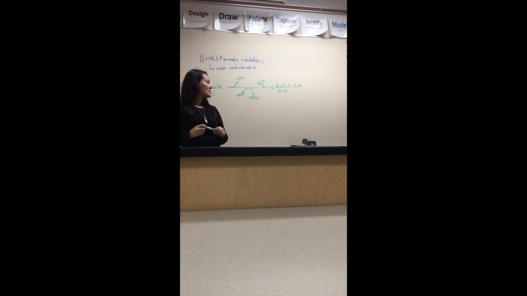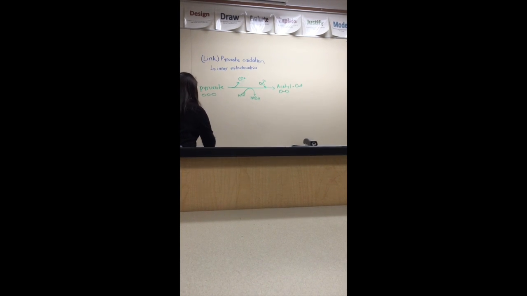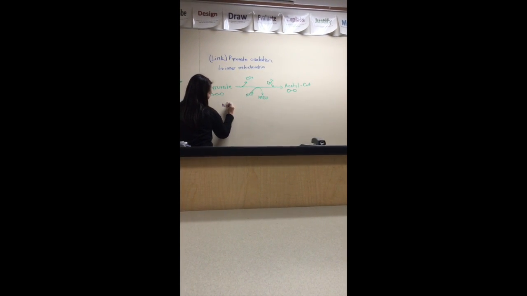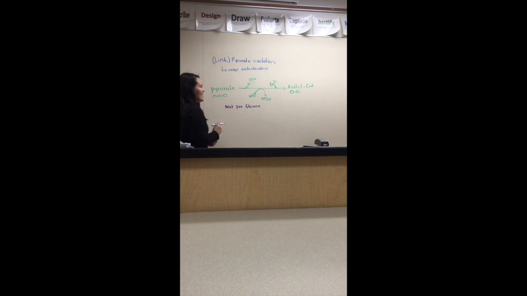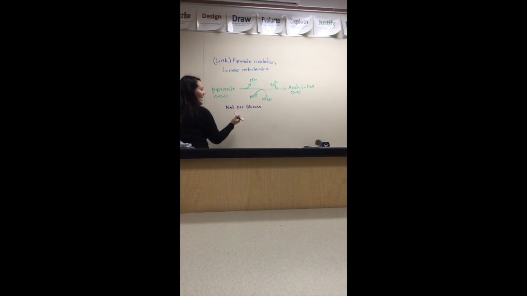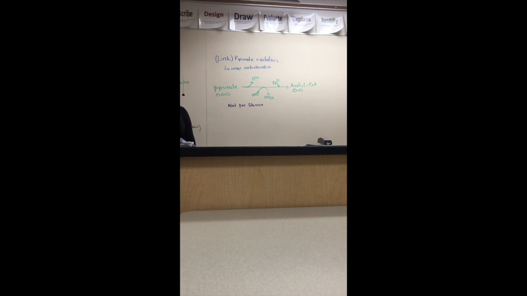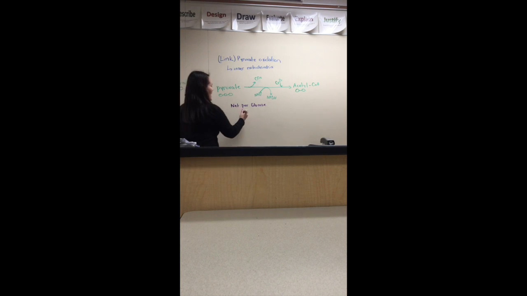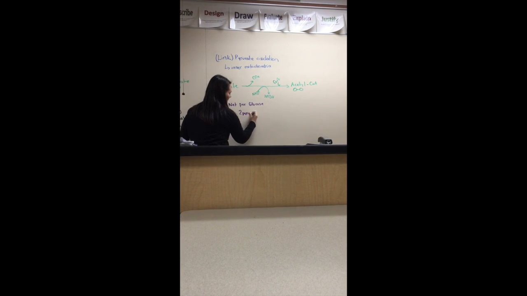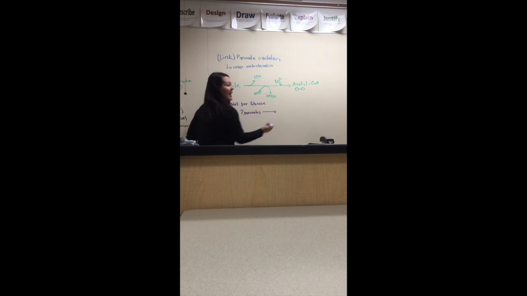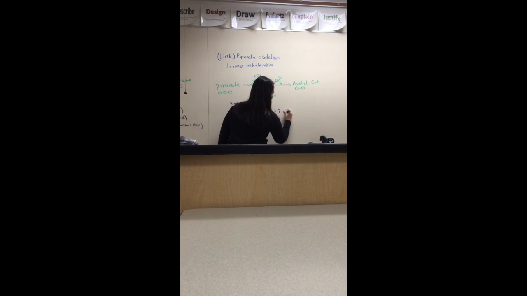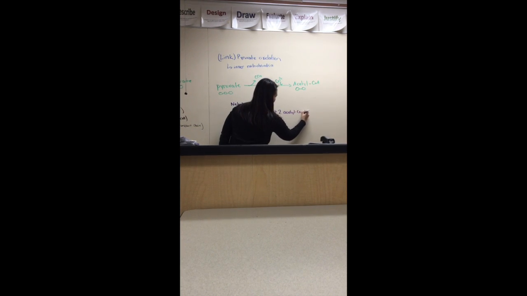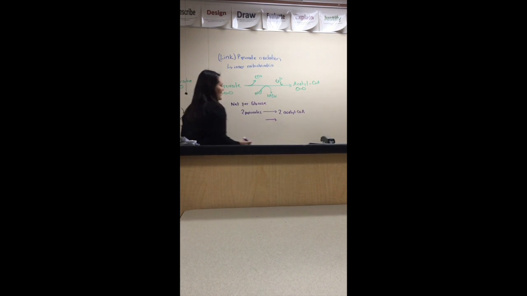So once again, we can do our net per glucose here. I started out with how many pyruvates per glucose? 2, right? 2 per glucose. So I'm going to have 2 pyruvates. And in the end, how many acetyl-CoAs will I have? 2. Good. What else am I going to have per glucose?